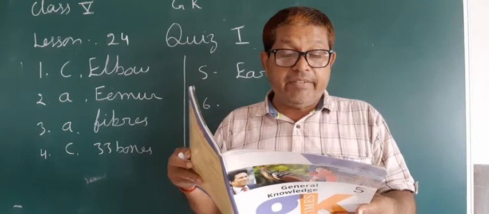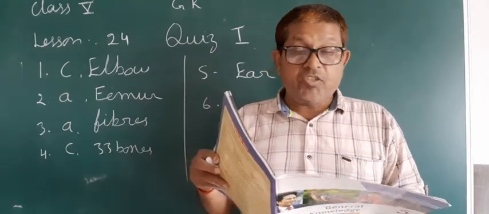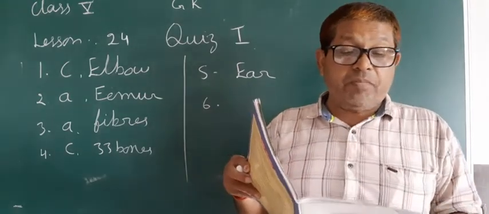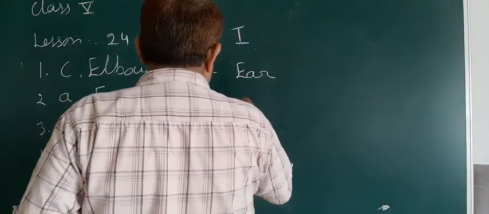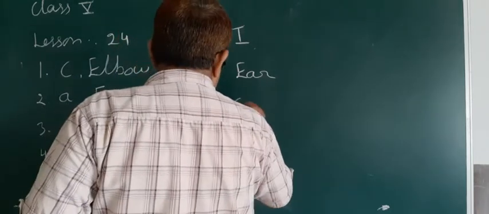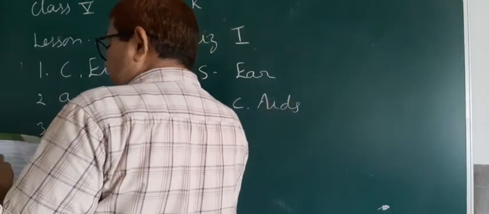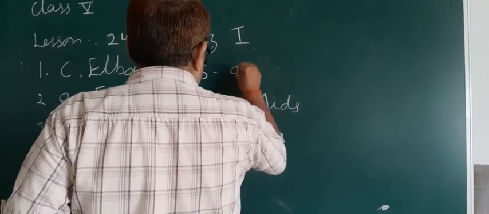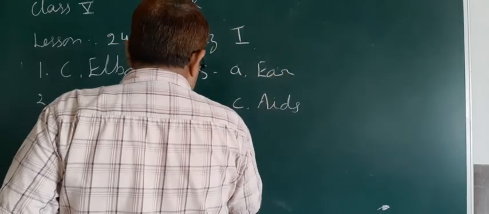Three diseases are given: ulcer, high blood pressure, and AIDS. AIDS is the correct option. AIDS is caused by a virus. So sixth, C.